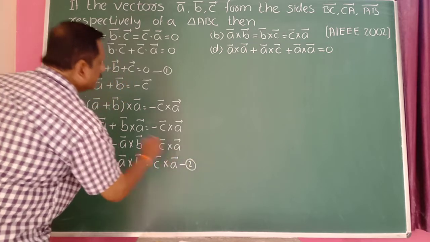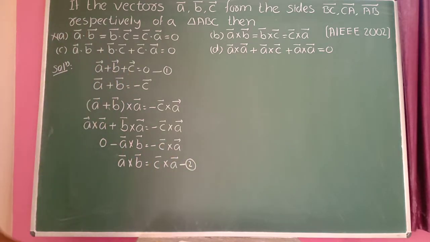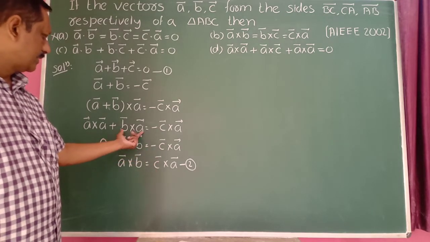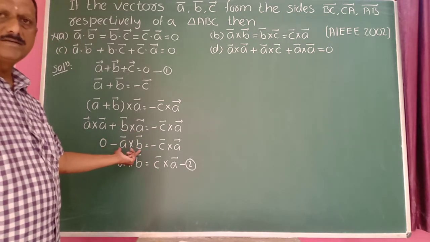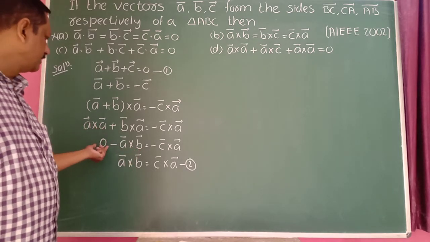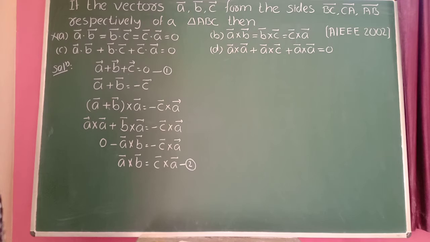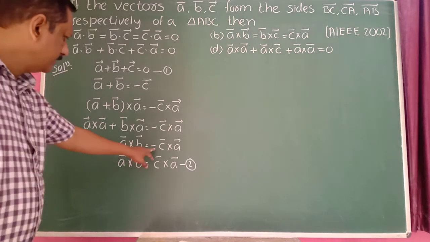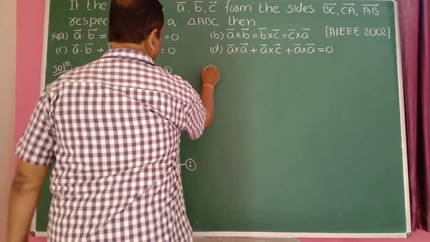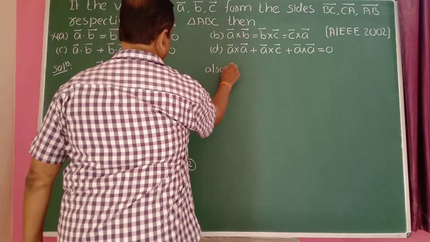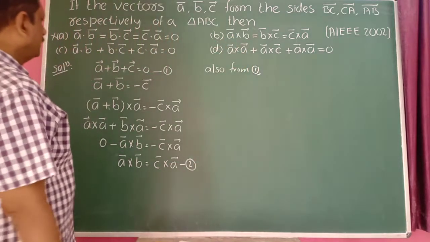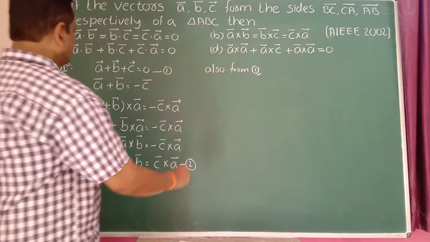Take it as result number 1. Okay, A bar cross B bar equals C bar cross A bar. Also from 1, take B bar to the right hand side here.